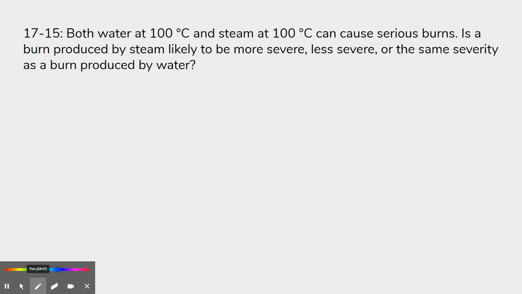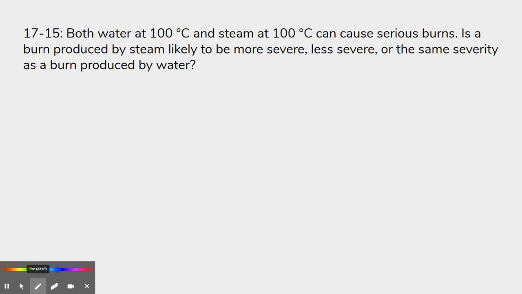So let's consider what happens. Anytime something hot comes into contact with something cooler, those two things are going to eventually reach a thermal equilibrium where the temperature is the same. So the hotter object, the object at a higher temperature, would have to give off energy in order to come to equilibrium with the cooler object, and that cooler object would have to gain energy so they would come to an equilibrium.